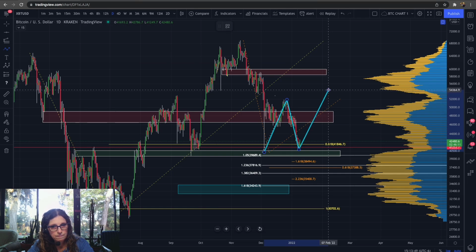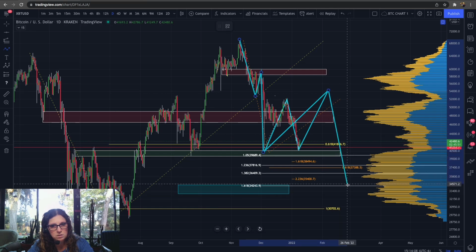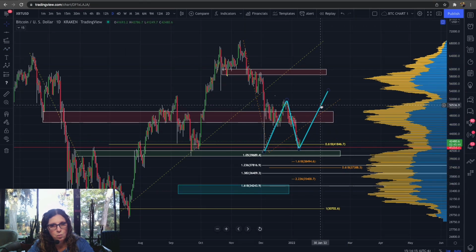Okay. But what it ends up being is a 3-wave move. So it would mean we have a zigzag for 3, we would get 3, and then we would get 5 or 3 to the downside. That is scenario 1.